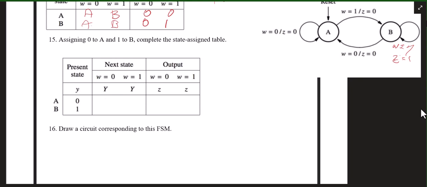Yeah, you just need 1, because you can have a 0 and a 1. So we'll let A be 0 and B be 1. So then we can just fill these in with 0, 0, 1, 1. And these were already numbers 0, 0, 0, 1.